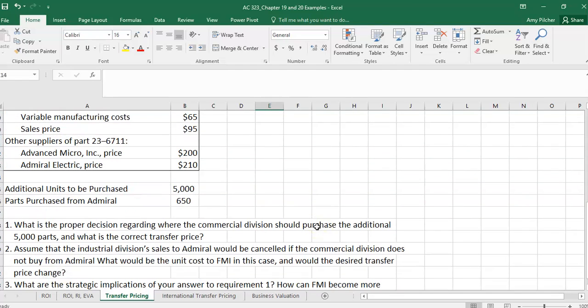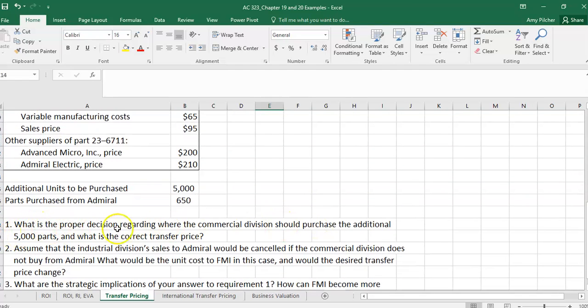So when we're looking at what is the proper decision regarding where the commercial division should purchase the additional 5,000 parts, well, those 5,000 parts can come from three different places. We can get them from the industrial division, we can buy from Admiral, or we can buy from Advanced Micro.